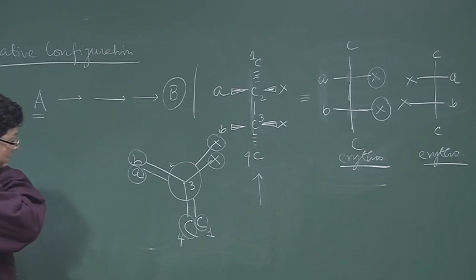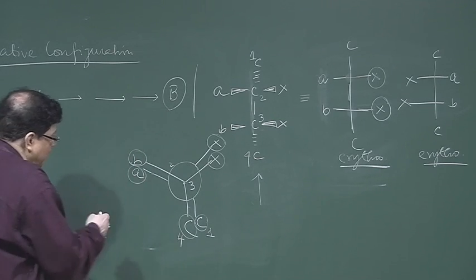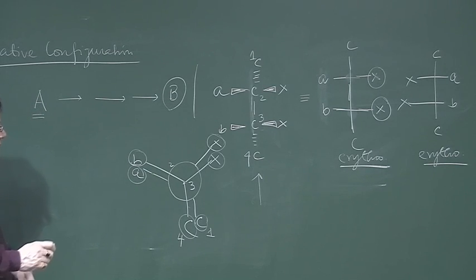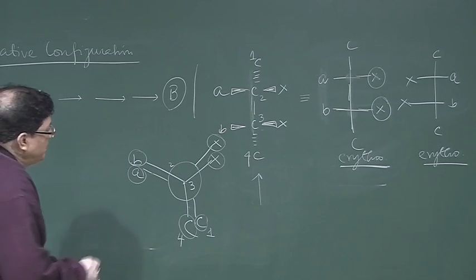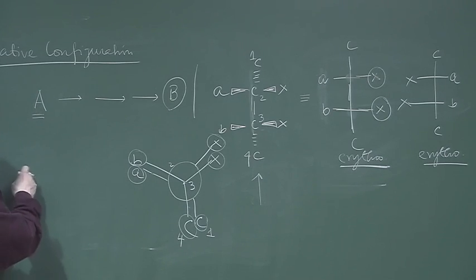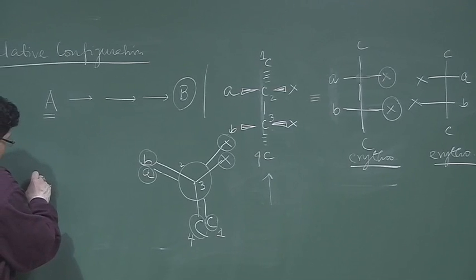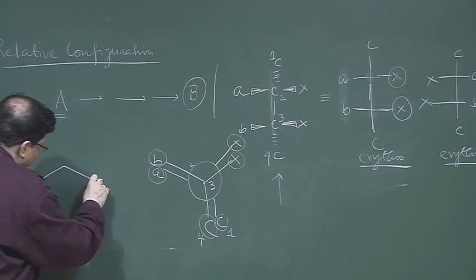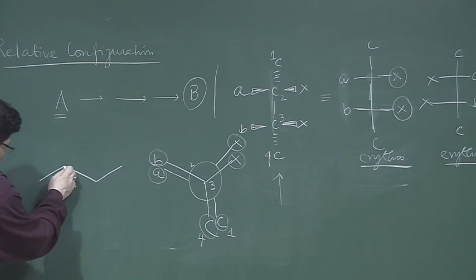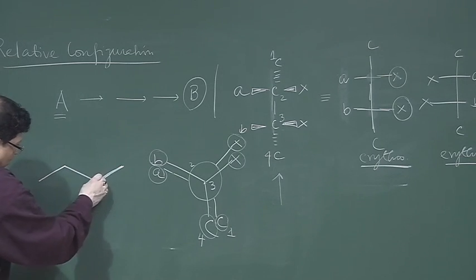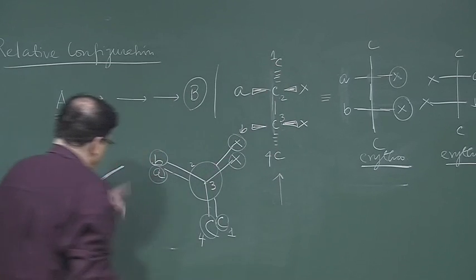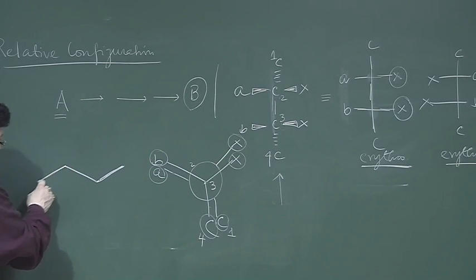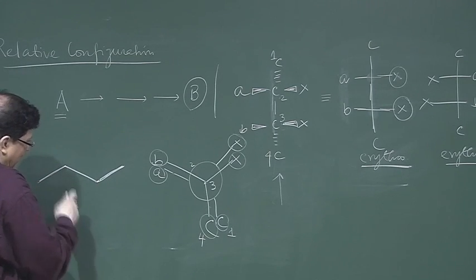So, you have to convert it into the more stable form, and that is why another rule came which says to write the molecule in a zigzag fashion, where the carbon-carbon bonds, that means the C2-C1 and C3-C4, are anti to each other, because that will be the stable form. Okay. And then you have the other 2 groups.